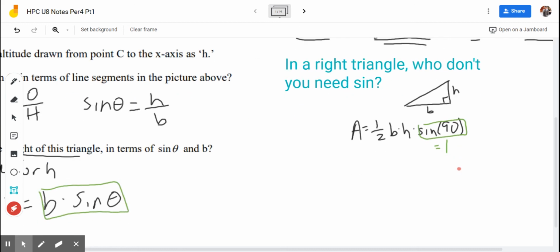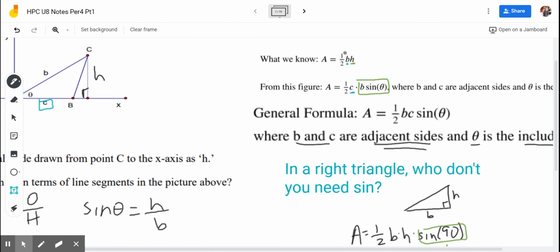So what happens here is that this sine of 90 essentially disappears, and you're just left with the simplified form, area is equal to 1/2 base times height. So the formula that we've known is just a very specific case of this more intimidating looking formula, but it's the same concept.